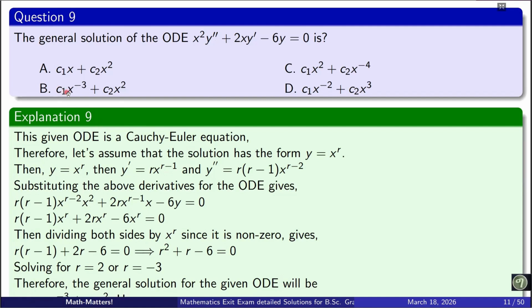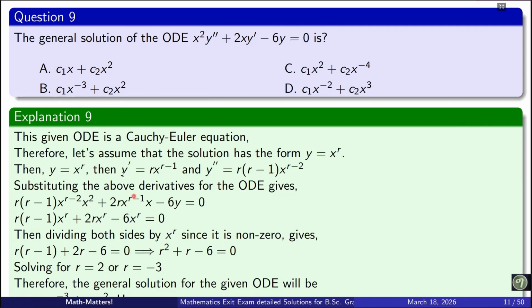The first option can never be the answer because the value of r is not 1. The value of r is either 2 or minus 3.